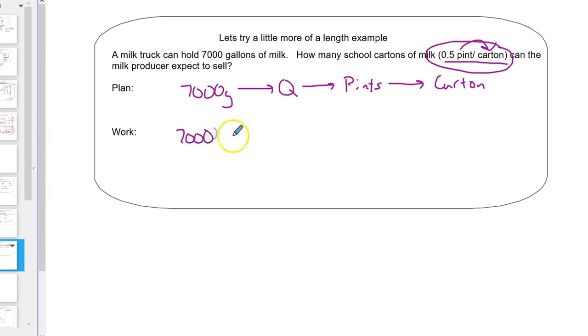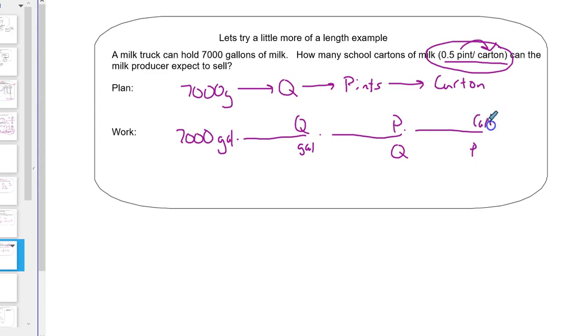7,000. Now again, the rest of this is just literally manual labor. Get rid of gallons, go to quarts, get rid of quarts, and go to pints, get rid of pints, and go to cartons. Just line them up. All the thought took place up here.